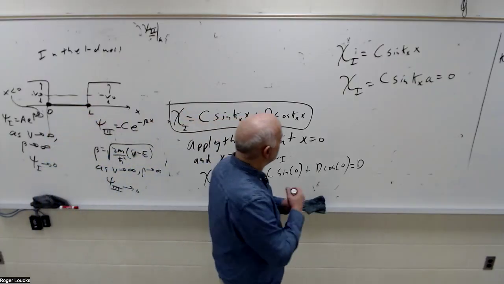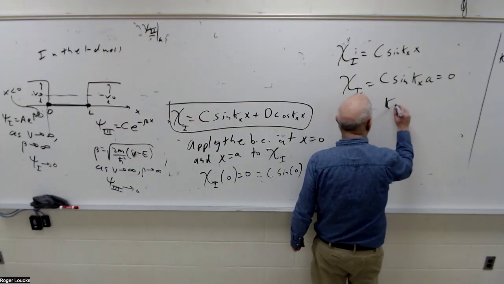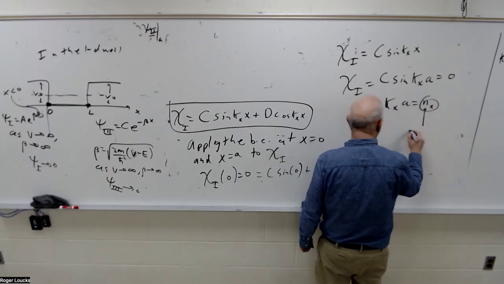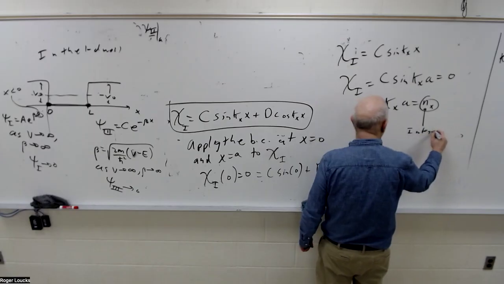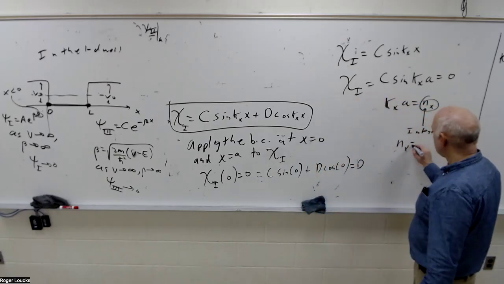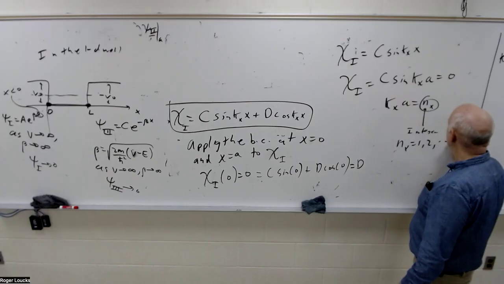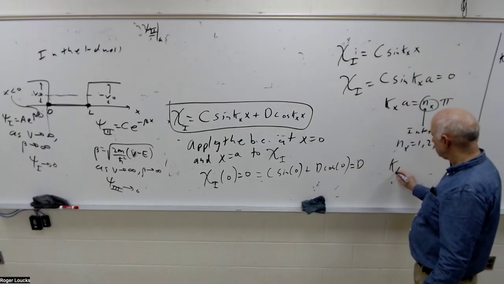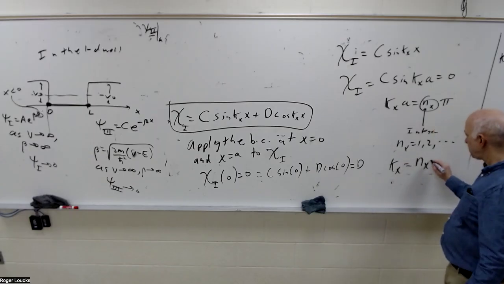So what I can say is that this kx a has to equal nx, where nx is an integer, 1, 2, like this, times pi. So my kx is going to be nx pi over a.